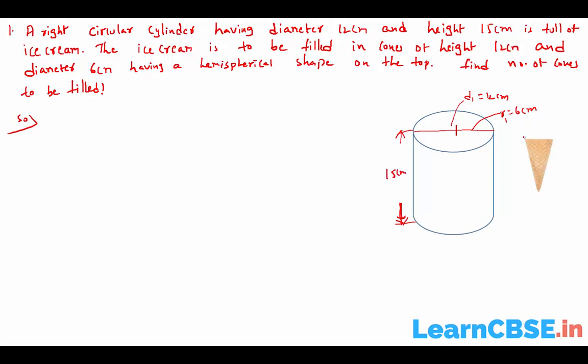Now the given ice cream is in the shape of a cone with a hemisphere on top, and this radius is r2, which is half of the diameter d2 given for the cone, 6 centimeters. Radius of the cone is 3 centimeters. Then the height of the cone is given as 12 centimeters.